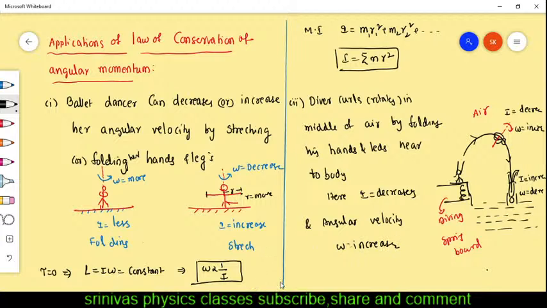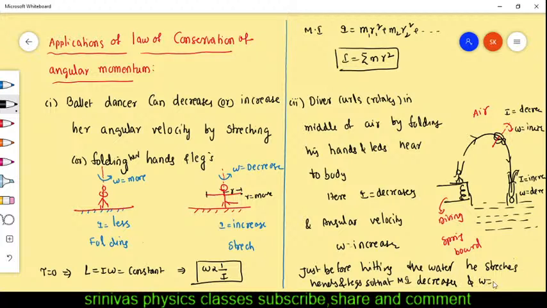But while entering into the water, what will he do? Just before hitting the water, he stretches his hands and legs, so that moment of inertia increases and angular velocity decreases.